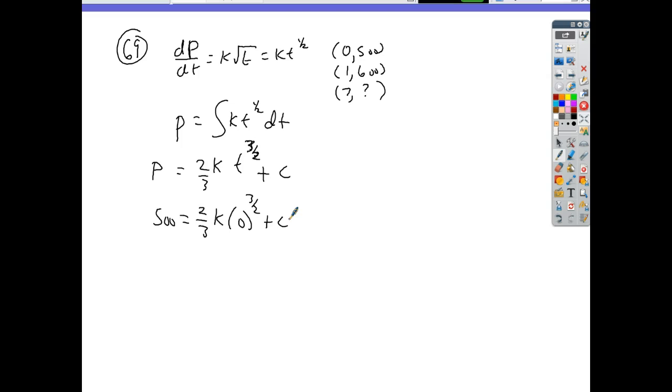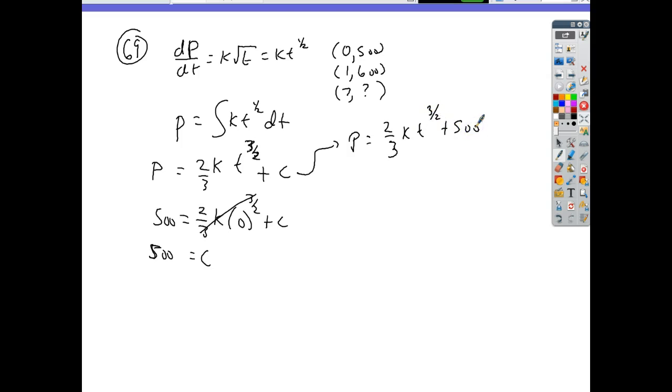Well, this whole middle section is going to become 0, isn't it? Yeah. So that goes away. So I get C is equal to 500, using Leoncio's rule. Isn't that the initial condition? There's 500 bugs. I should just make C equal 500. Works in this case. So our population formula is now 2/3 k t to the 3/2 plus 500.